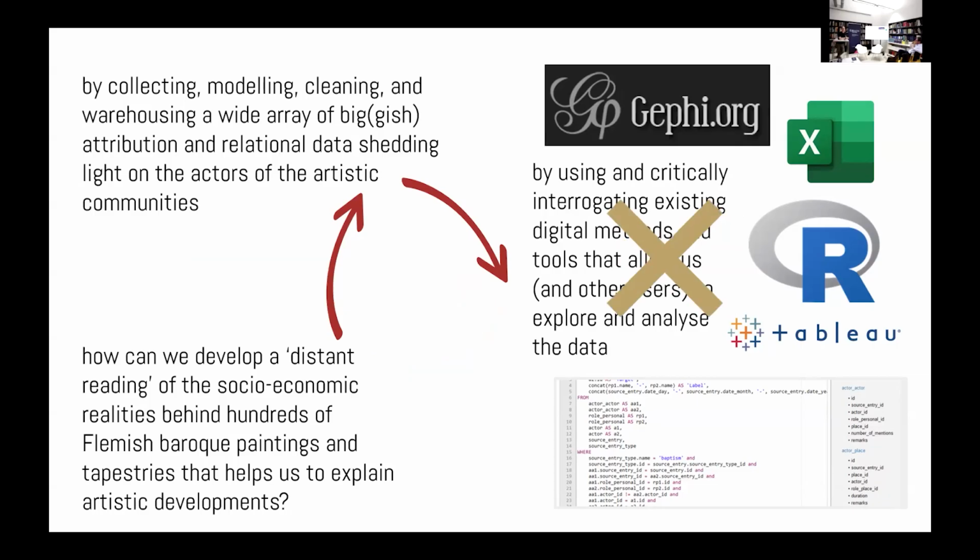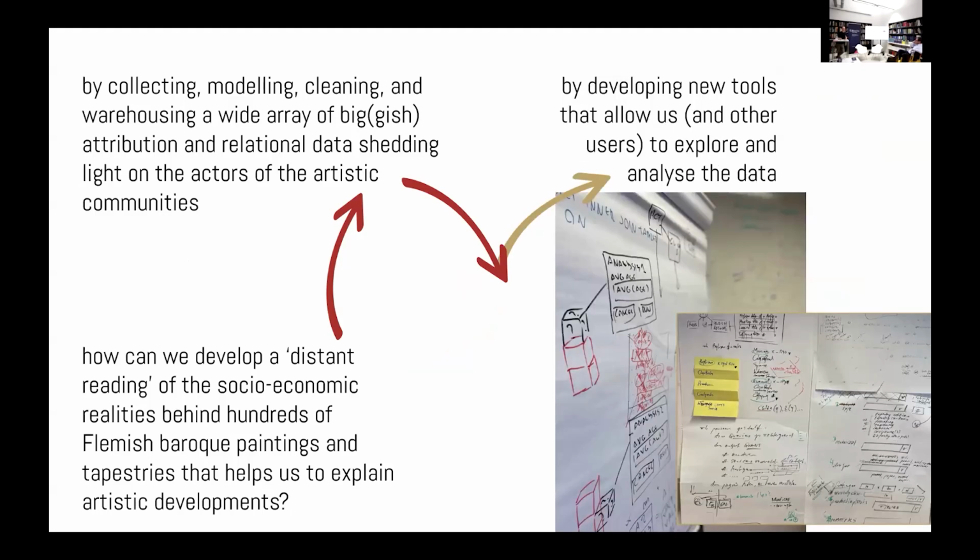But sometimes we found that all these tools, which were not developed for art historical questions, of course, simply did not do what we wanted them to do. And then, and it was the most fun part of the whole project, we tried to develop new tools, as in prototypes or demos, of course, not fully functional, completely developed tools, that allow us, but also possibly other users, to explore and analyze the data.